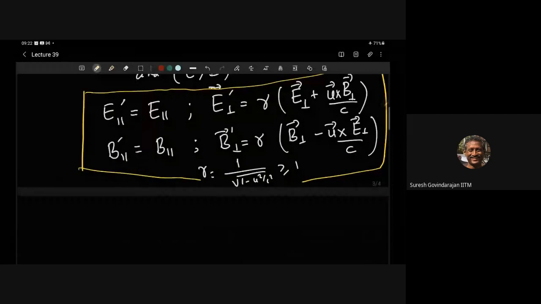I'm going to define for you another set of things we call covariant vectors. These also transform.